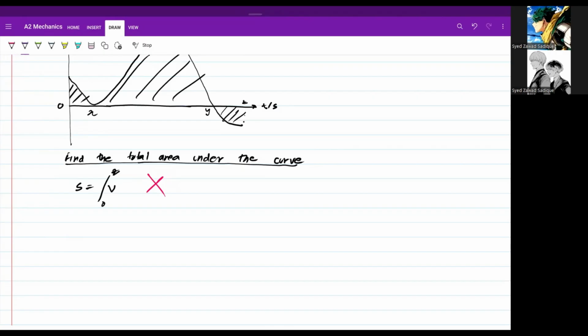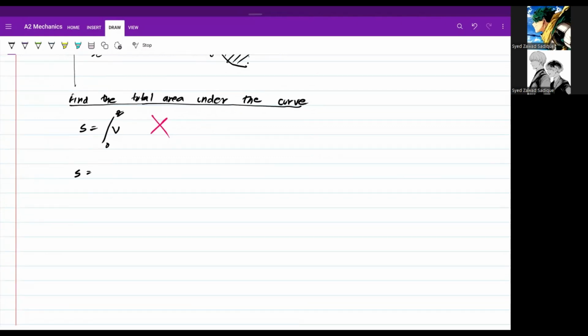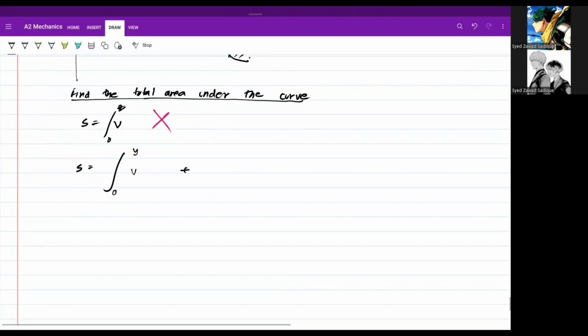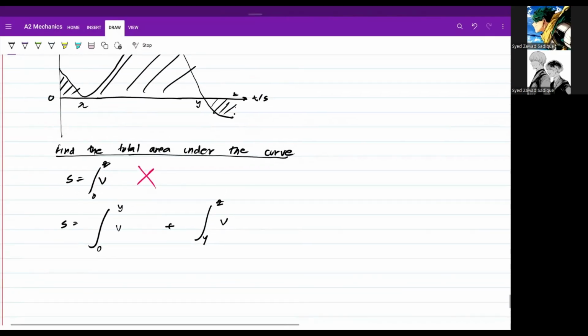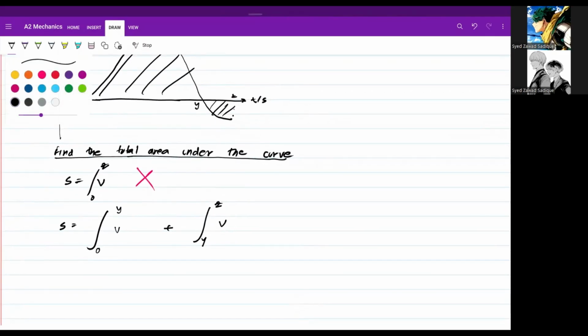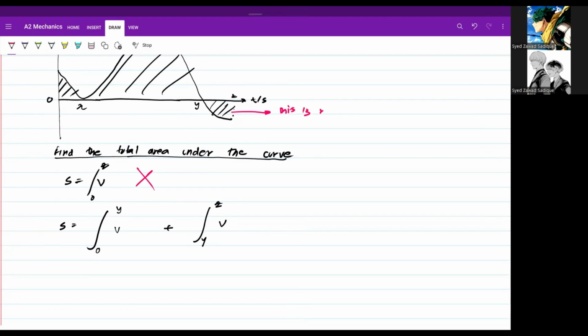The correct method is first to find the distance from 0 to Y, plus the distance from Z to Y. Why is this? Because this area is negative.